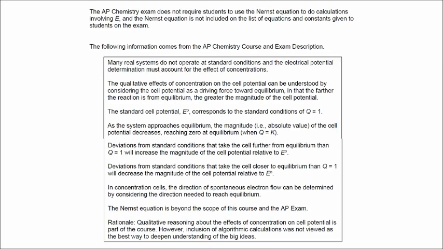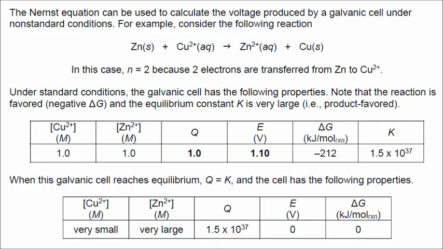Any deviation from standard conditions that takes the cell farther away from equilibrium than Q equals 1 will increase the magnitude of the cell potential, higher than standard conditions. But any deviation that takes the cell closer toward equilibrium is going to decrease the magnitude of the cell potential. All right, let's take a look at some examples here.